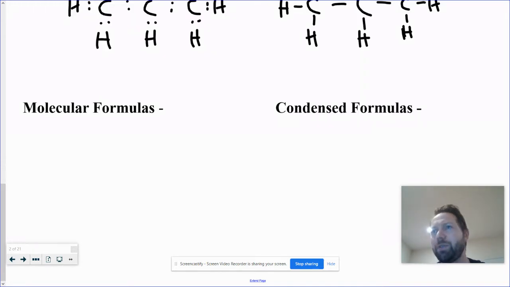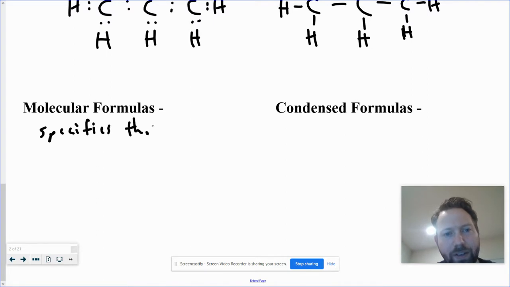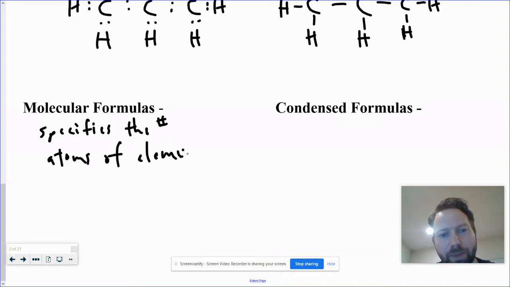Now the molecular formula specifies the number of atoms of each element. This is the most simplified way of drawing the molecule.